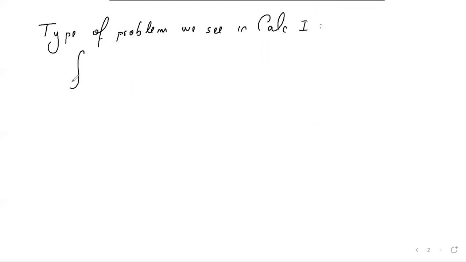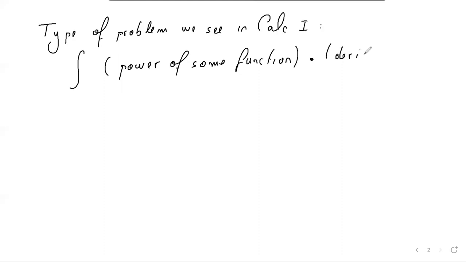So the type of problem we see here, we see in Calc 1, is the antiderivative of a power of some function times the derivative of the function, dx.